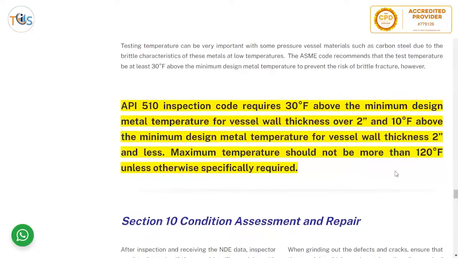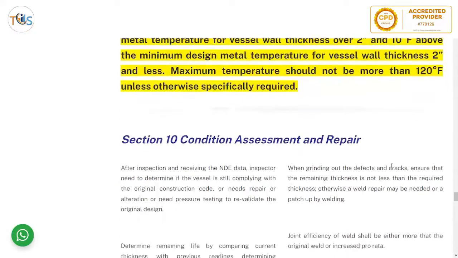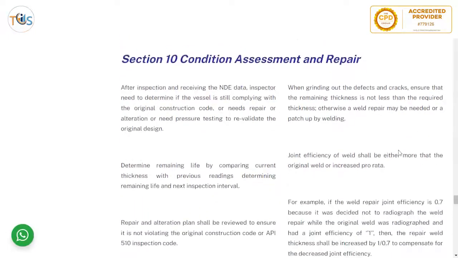However, the API 510 inspection code says 30 degrees Fahrenheit above the minimum design metal temperature for vessel wall thickness over 2 inch, and 10 degrees above for vessel wall thickness 2 inch and less. So this would prevail during the exam, unless they specifically ask for ASME Section 8. Maximum temperature should not be more than 120 degrees unless otherwise specifically required.